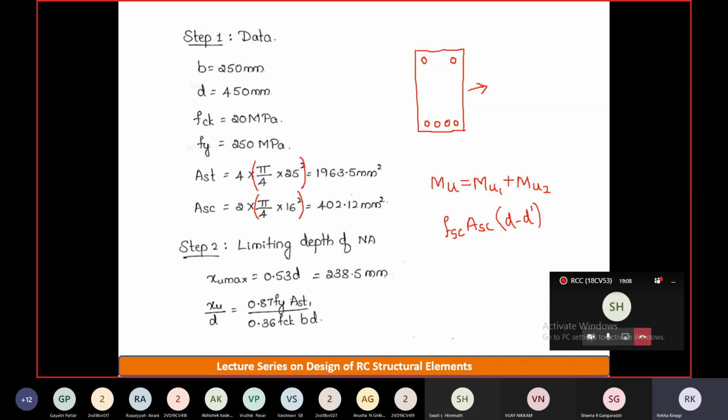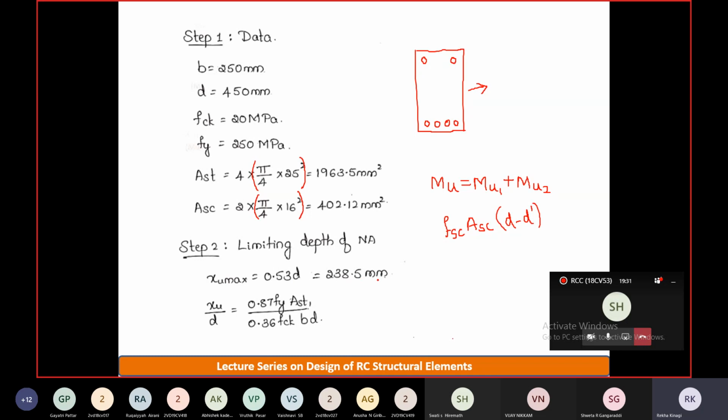For Fe250, the XU max value is 0.53 D. So using this value, 0.53 into 450, we are going to get 238.5 mm. This is the value of XU max.